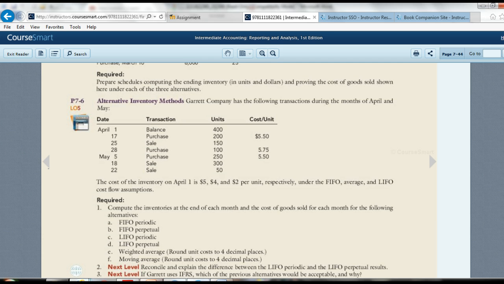With FIFO periodic, our April 1st balance of 400 units, the cost is $5 per unit. So let's take a look at how we're going to show the sale. We know that we sold 150 units in April, and then in May, we sold 350 units.